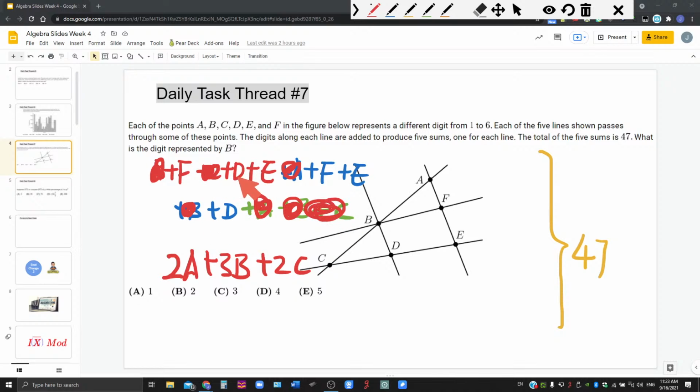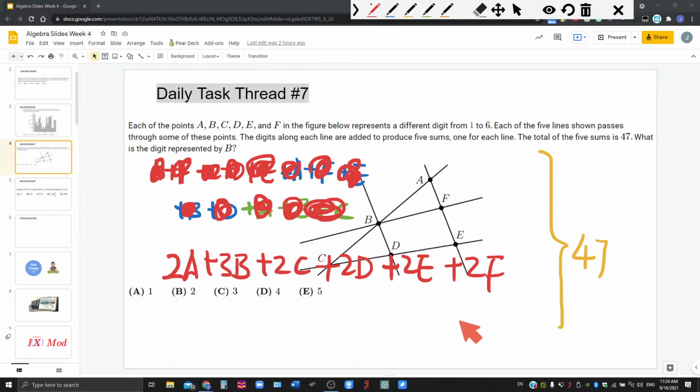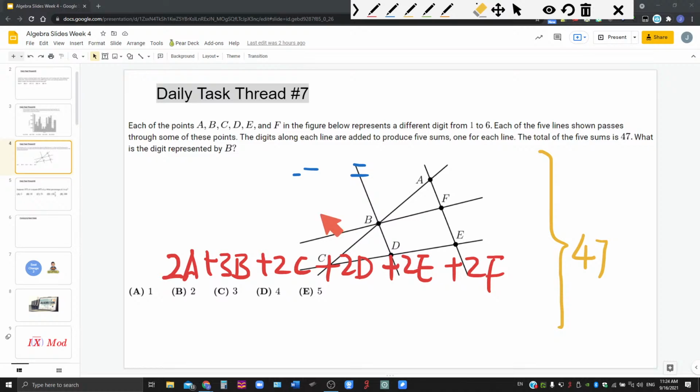How many D's do we have? 1, 2. How many E's do we have? 1 and 2. How many F's do we have? F and F, 2F. Right? So if we just do what the question tells us, we just add them up. And we have this many numbers adding up. 2A, 3B, 2C, 2D, 2E, 2F.